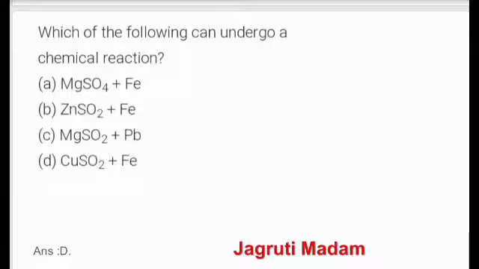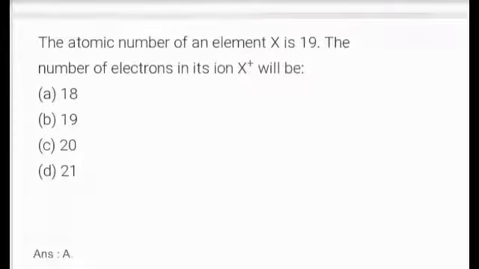That is, in which the chemical reaction will be possible? The options are A MgSO4 plus Fe, B ZnSO4 plus Fe, C MgSO4 plus Pb, and D CuSO4 plus Fe. CuSO4 plus Fe is the correct option.